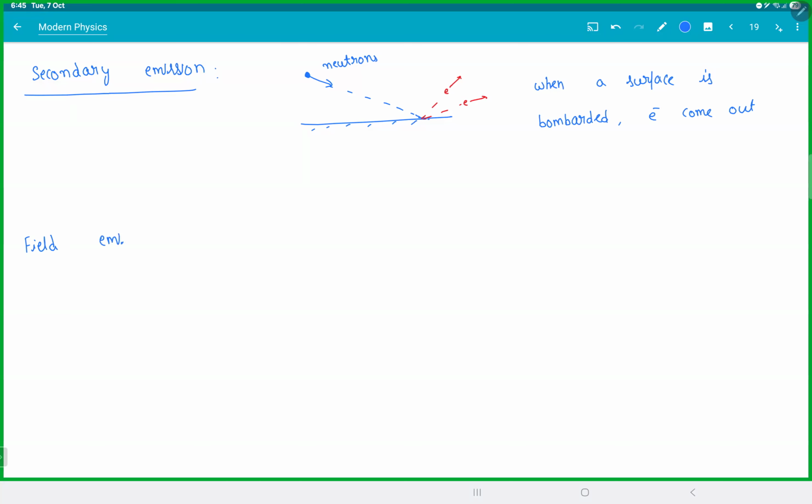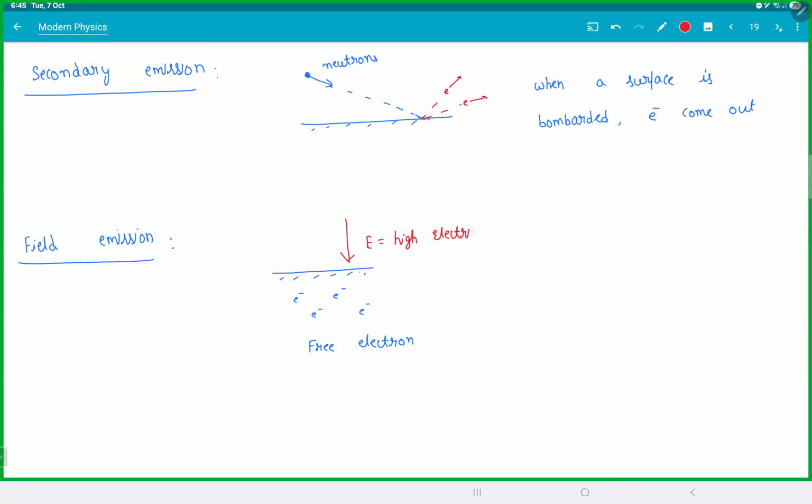Next thing is field emission. These are different ways you can get electrons. If you apply a really high electric field, free electrons, meaning these electrons have come out of the atom but are roaming inside the lattice, the electrons on the surface will get pulled out due to the electric force.